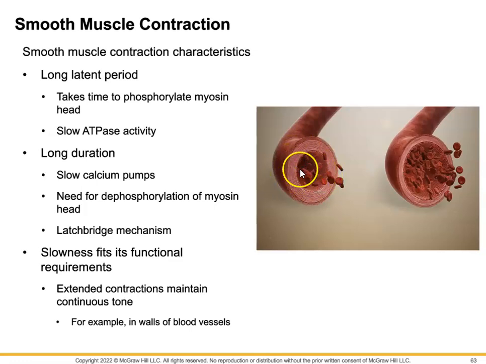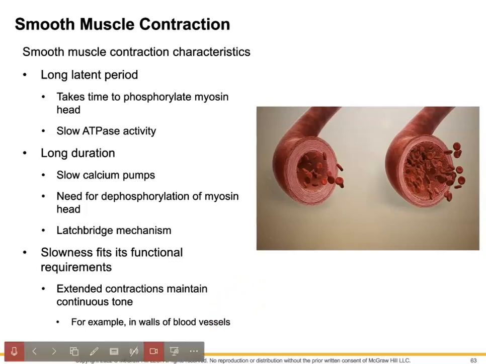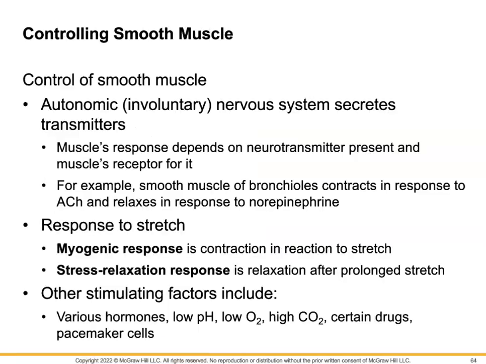The lumen is much smaller. So this would limit the blood flow to a particular area. So this contraction though, because it is slower to contract and slower to relax, it allows us to be able to control the flow much better than if that were skeletal muscle.